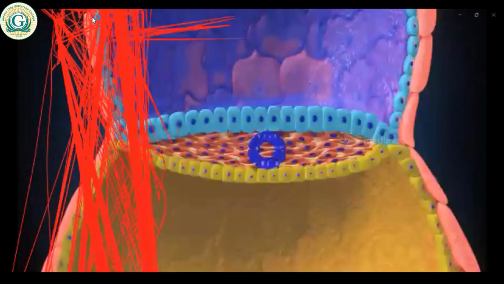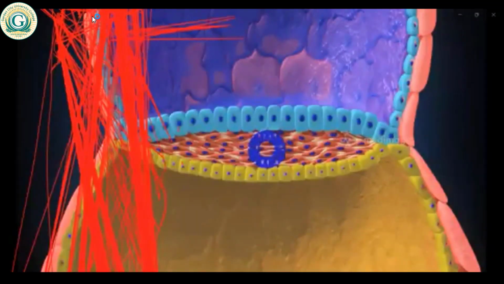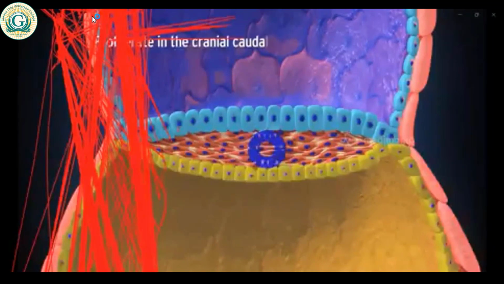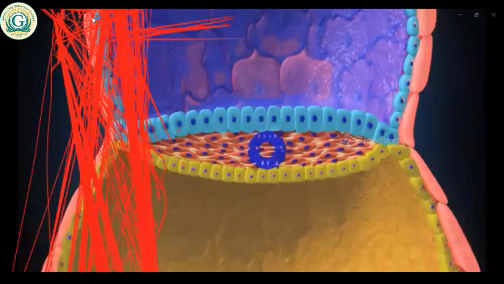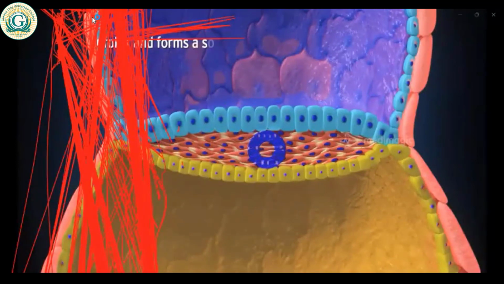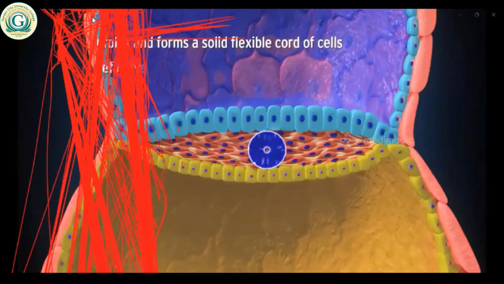The cells of the notochordal plate begin to proliferate in the craniocaudal direction. These proliferating cells enfold and form a solid flexible cord of cells known as the definitive notochord.